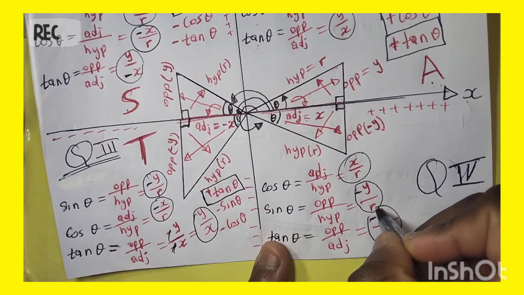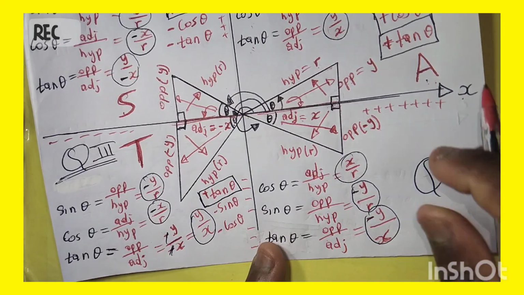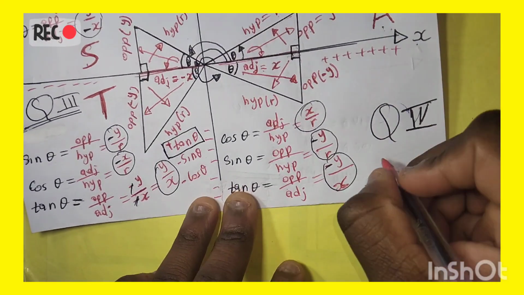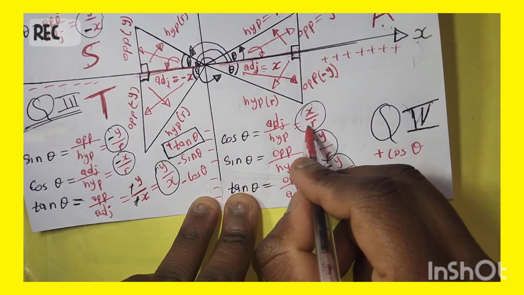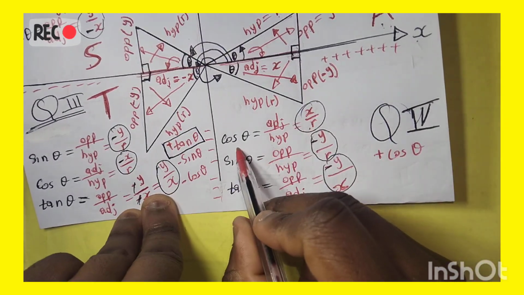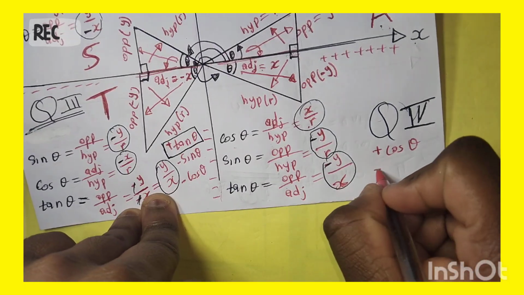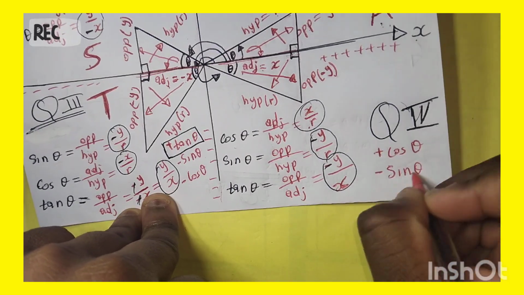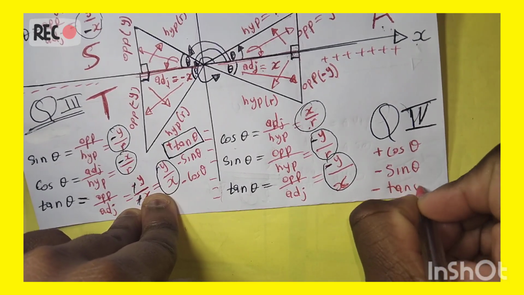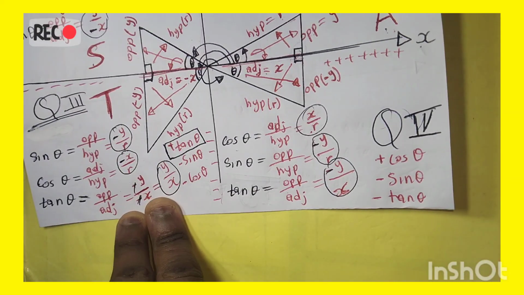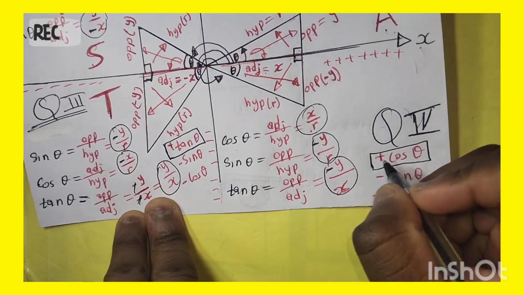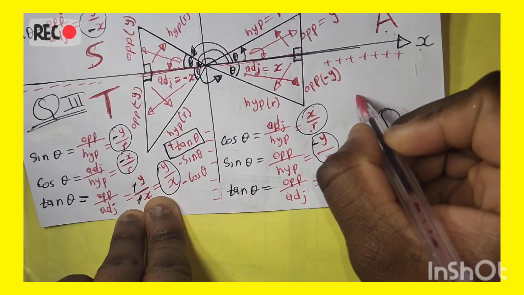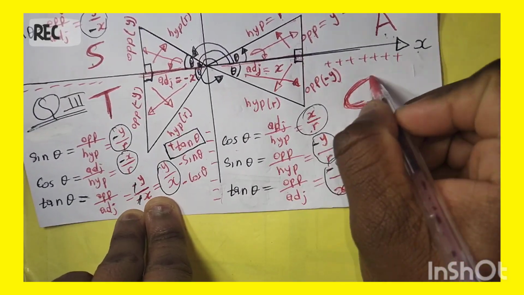So this simply says that cos is positive here, because the answer for cos is positive. Then this one is sine, negative, and this one is negative. So now I know that on the last quadrant, it's only cos which is positive.